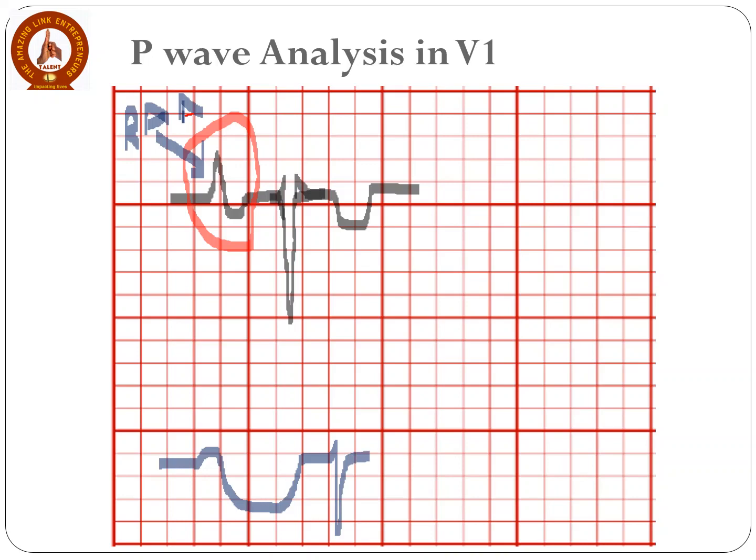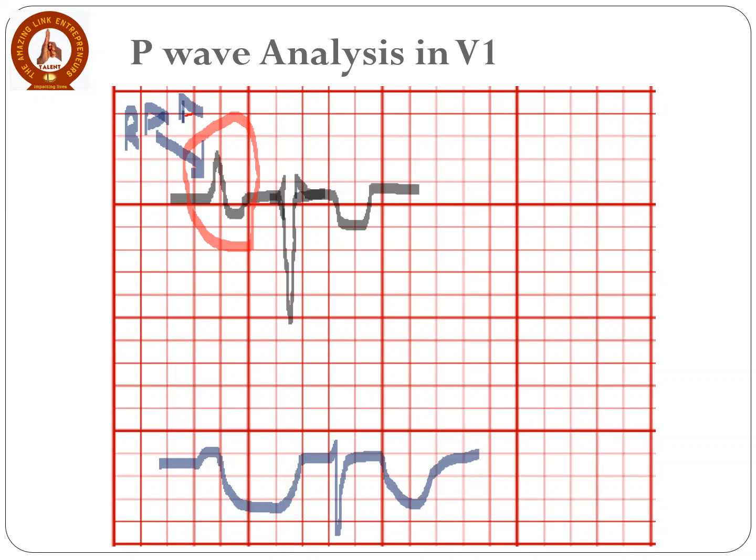Looking at this picture, the first component, the positive deflection, is the right atrium. The second component is the left atrium. It's broad and deep.